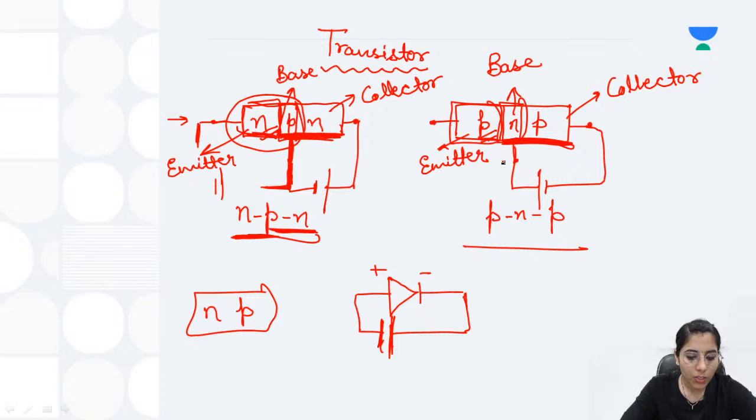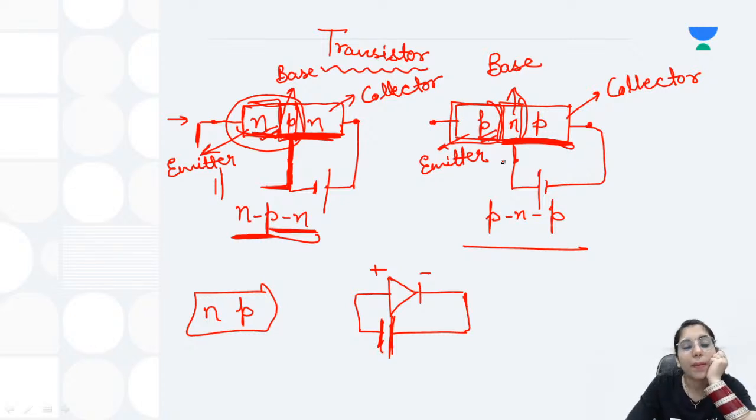Now let's talk about the next thing. There are some more points you need to know about the transistor. One thing I have already told you, that the base is the thinner section in comparison to the emitter and collector. The base is the thinnest one, the smallest section we will have.